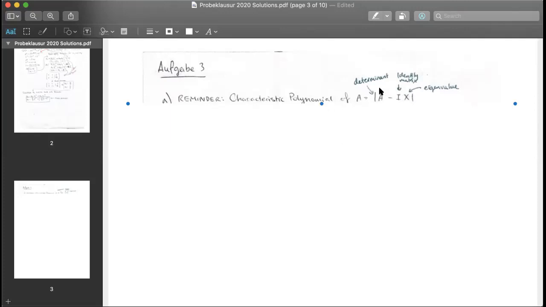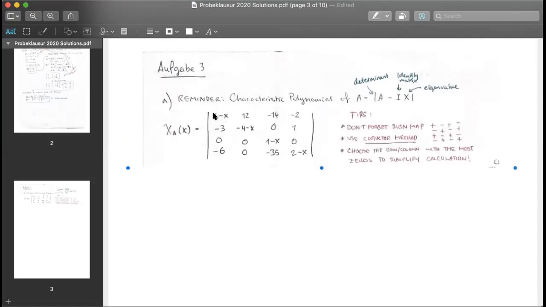If you subtract that from your original matrix, what you're going to get is your original matrix, except that you have to subtract the unknown eigenvalues that you're looking for. And of course, you get to take the determinant of that. Whatever comes out of this is going to be your characteristic polynomial.